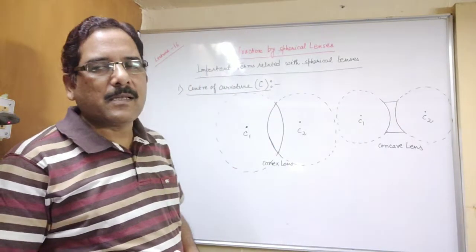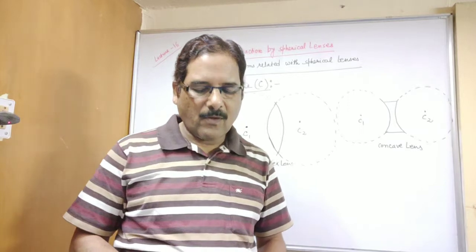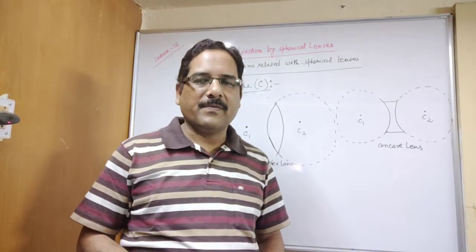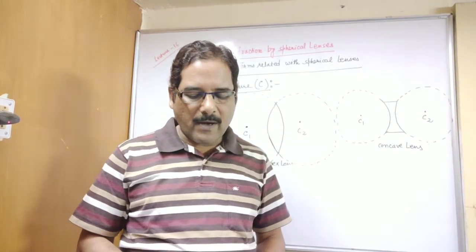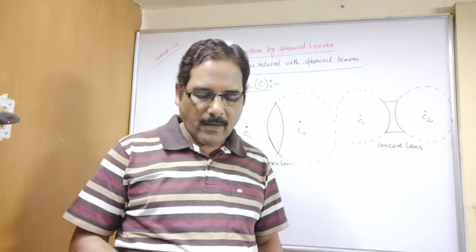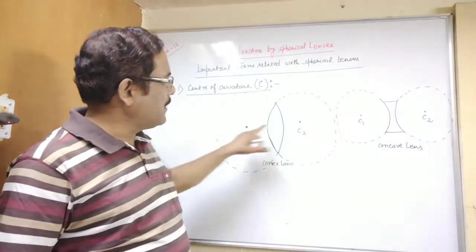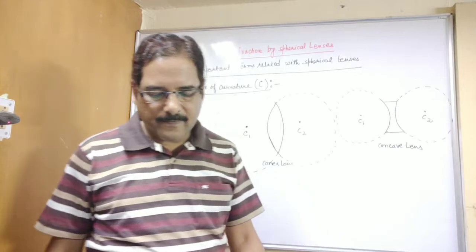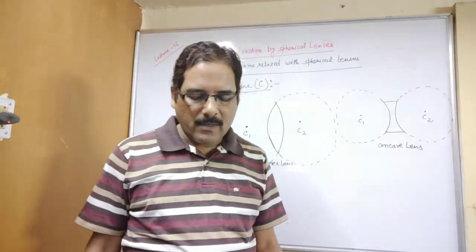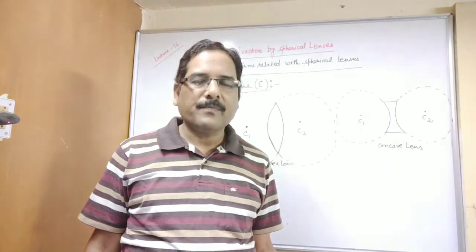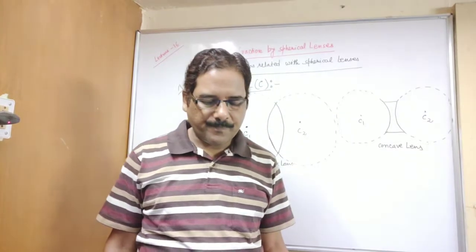Each of these surfaces forms a part of a sphere. The centers of these spheres are called centers of curvature of the lens.